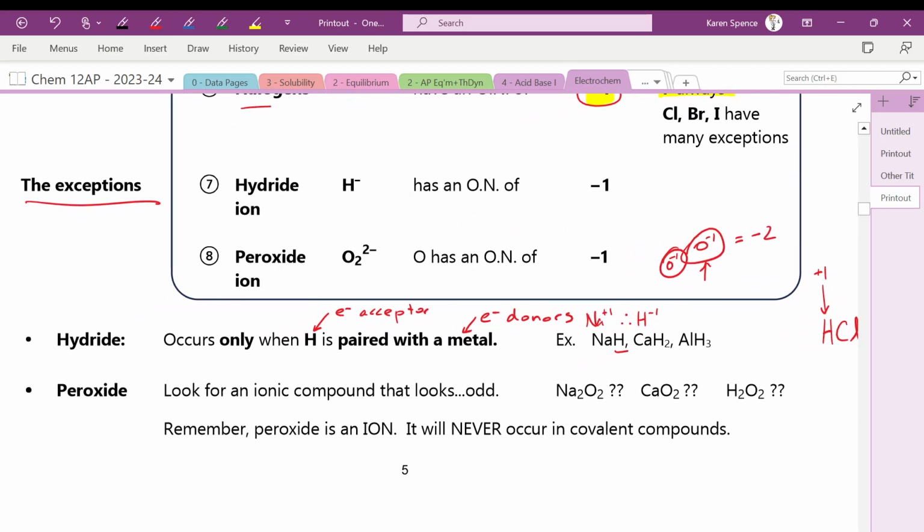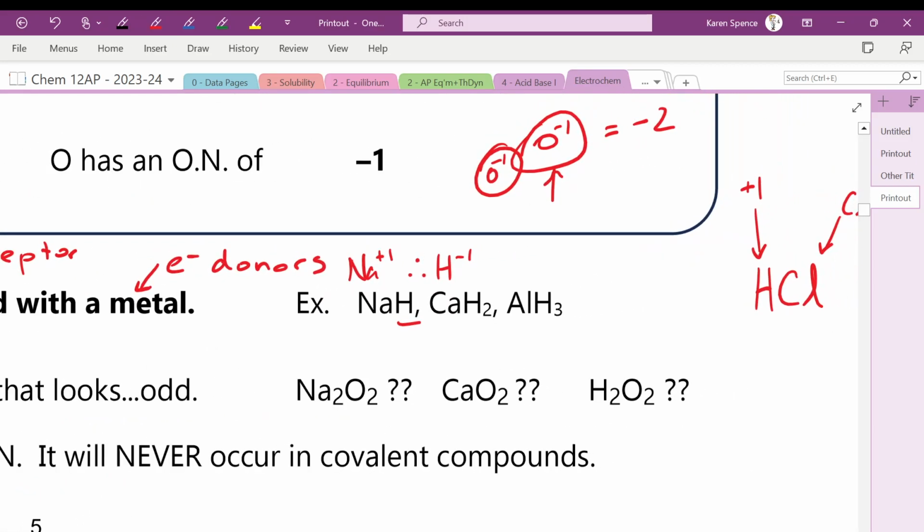Peroxides, you're going to look for an ionic compound or H2O2 that just looks a little weird. Does Na2O2 look normal? No. You're like, what? Why are there 2 Nas and 2 O's? I don't get it. Okay. CaO2?